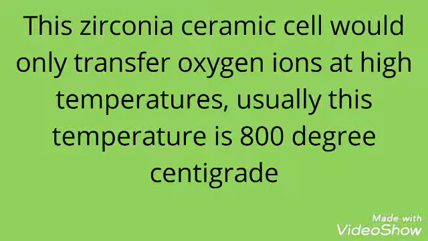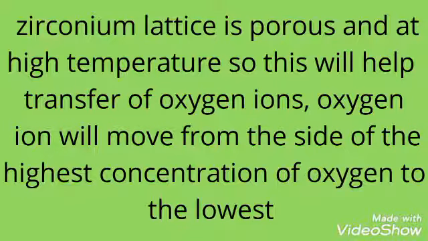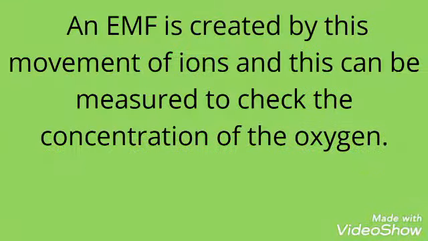This is very simple, but we should maintain the temperature above 800 degrees centigrade so that oxygen is ionized. The zirconia lattice is porous at high temperature, which helps the transfer of oxygen ions. Oxygen moves from high concentration to low concentration.